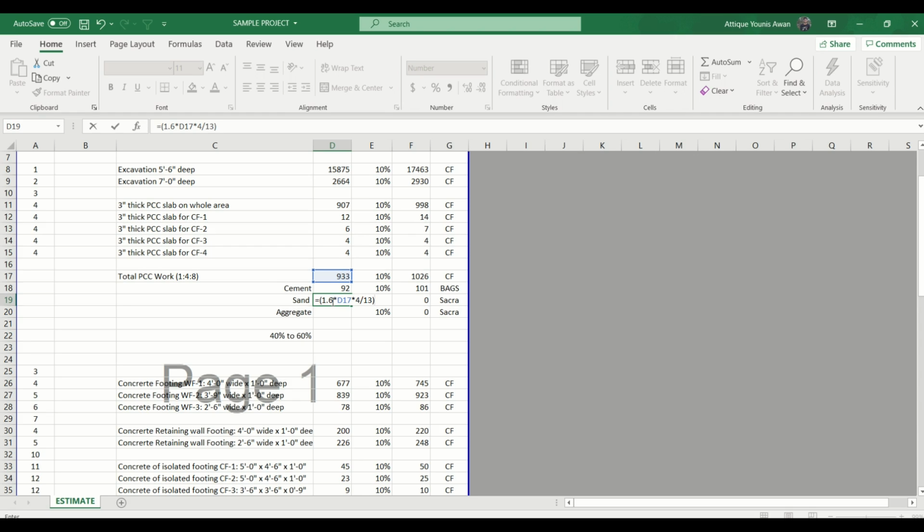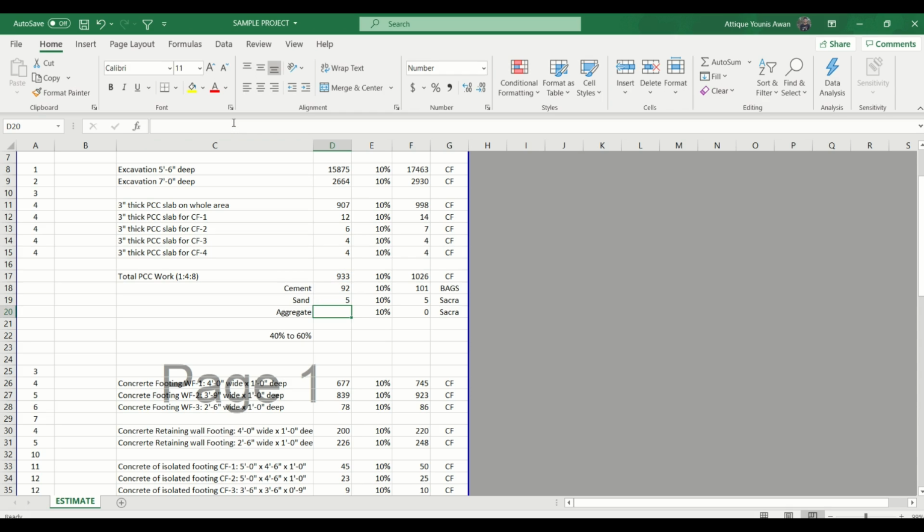So what it is going to give us is 459 cubic foot. But again 1 sacra is equal to 100 cubic foot, so we are going to divide it by 100, so that we get the unit of sacra.